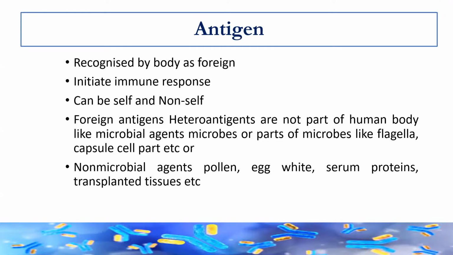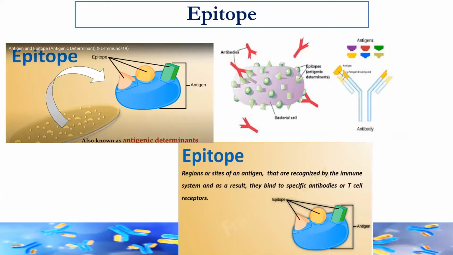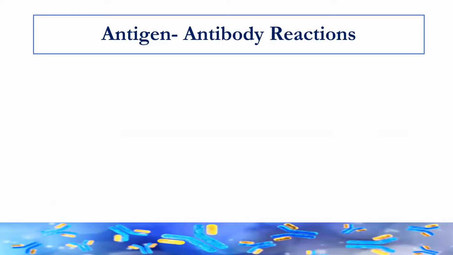So anything which is recognized by the body as foreign will be called an antigen, and they can be self and non-self. We have also seen what an epitope was. Epitope is a part of an antigen, and it is also called an antigenic determinant. We have also seen it, so we'll go ahead.